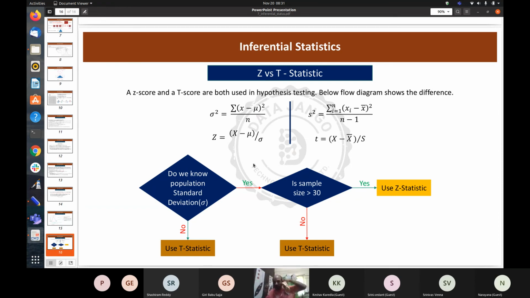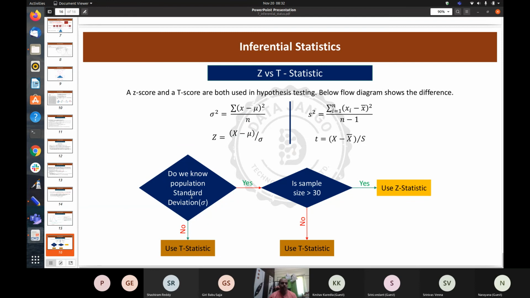When we take a sample, we need to decide whether it is a t-test or z-test. So the first question we need to ask is, do we have the population standard deviation or not? If we don't have the population standard deviation, we call that a t-test. The formula is the same, only n-1 or n.